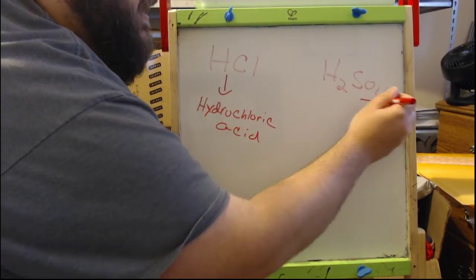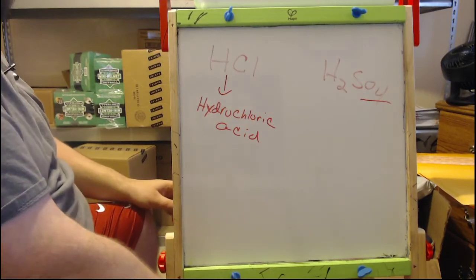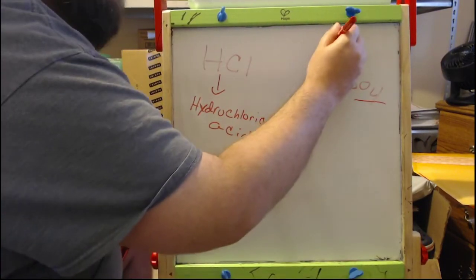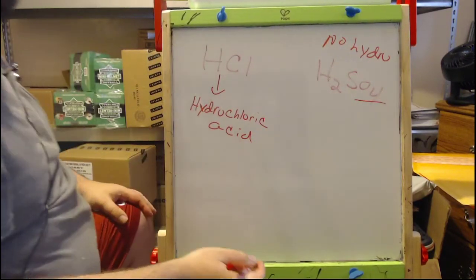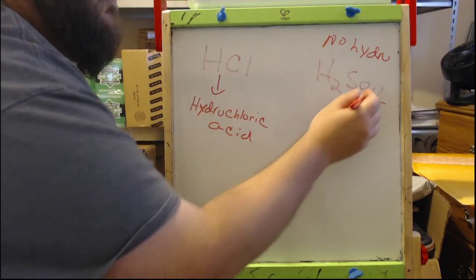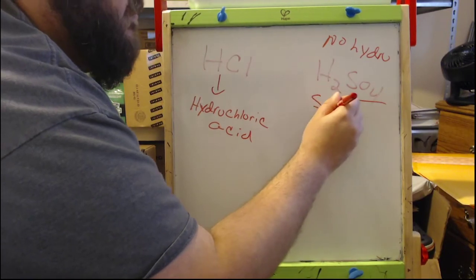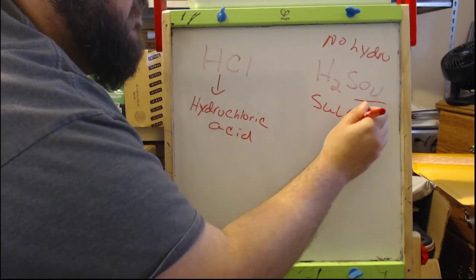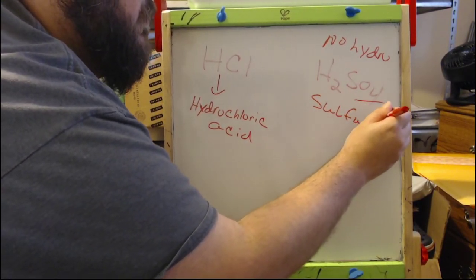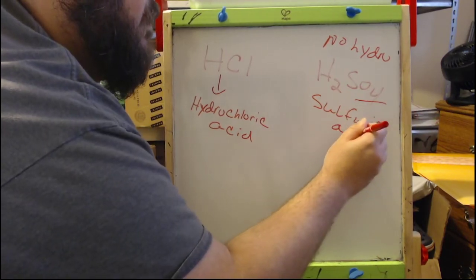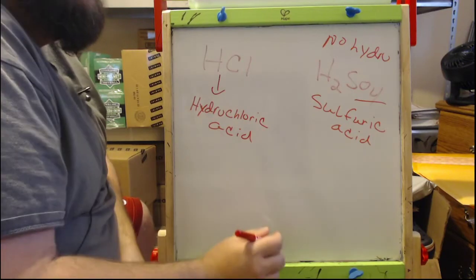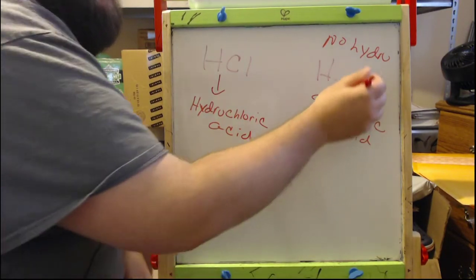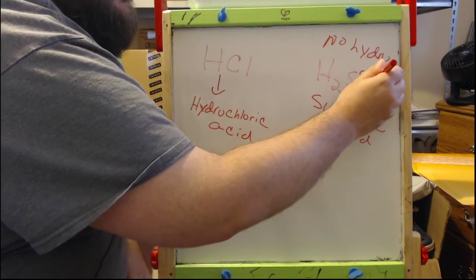If there is oxygen available, there is no hydro, so no hydro over here. Take the root of the polyatomic, sulf. This is sulfuric acid. And the reason it's sulfuric acid is because this is sulfate.